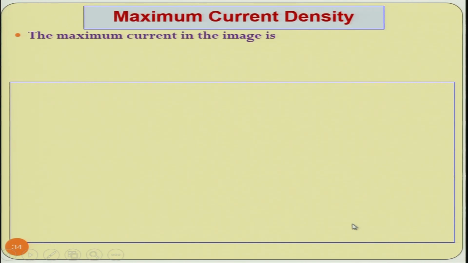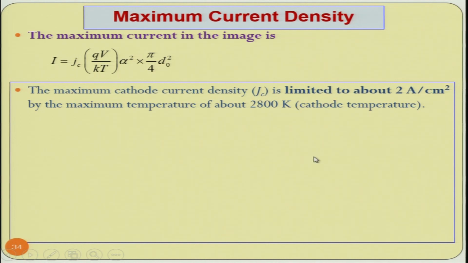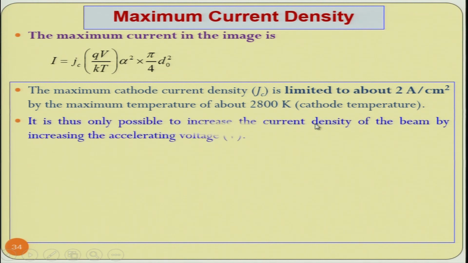Now, maximum current density in the image is given by this. You can calculate the current I, and the maximum cathode current density J C is limited to about 2 ampere per centimeter square by the maximum temperature of about 2800 Kelvin. So, cathode temperature is around 2800 Kelvin.